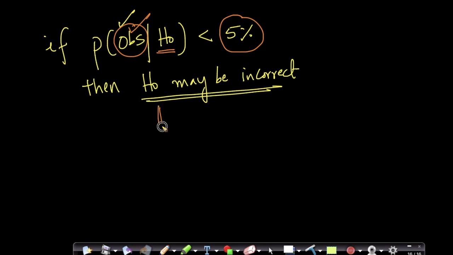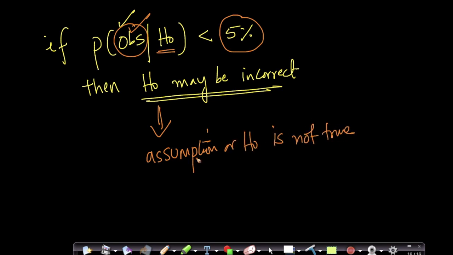So we will conclude that, right? We will conclude that our assumption or null hypothesis is not true. Or in other words, we reject our null hypothesis. And what is our null hypothesis here?